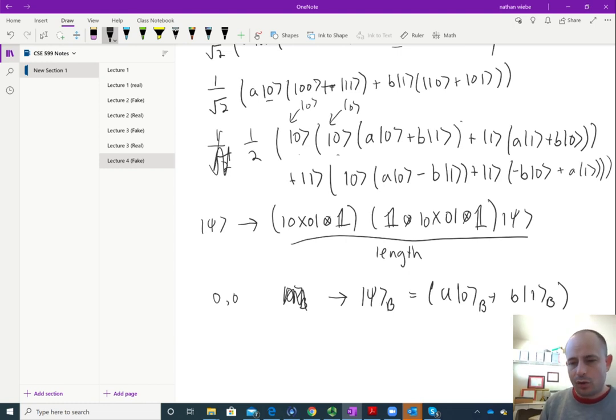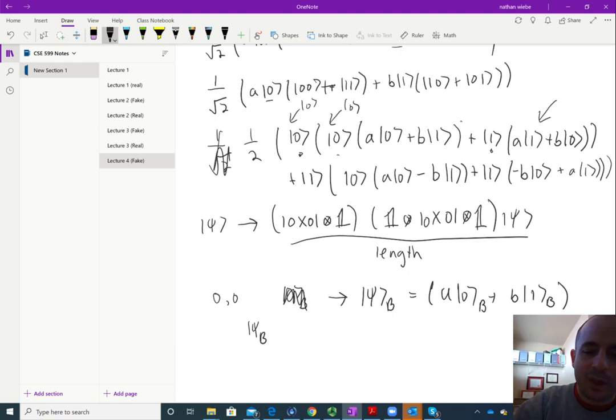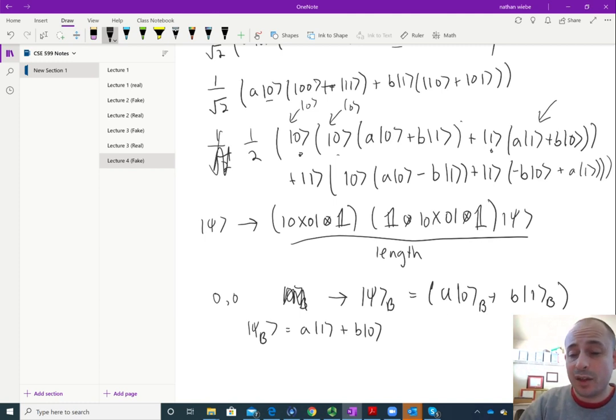All right, cool. So now, what if Alice ends up measuring 0, 1? In the event that she measures 0, 1, then we end up with this and this occurring. So the state that Bob ends up with is psi b equals A1 plus B0, which you'll note is the not of this.